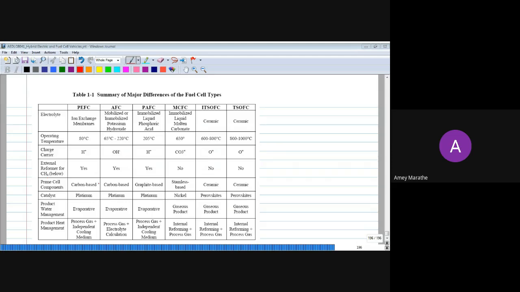The fuel cell components, whether they are carbon based or graphite based or stainless steel based or ceramic based. Catalyst, which particular cell uses platinum. And the heat exchange, so independent cooling medium, or electrolyte circulation. So what kind of heat management system does this fuel cell have? There are a lot of ways in which we can put all these things together.